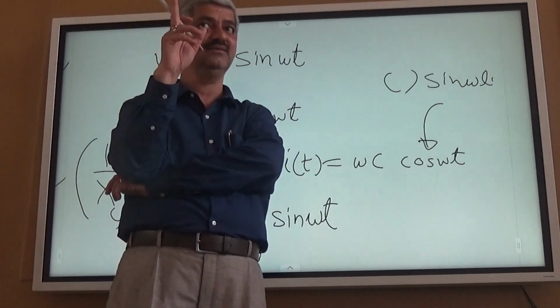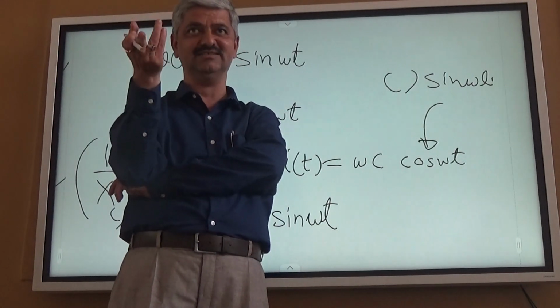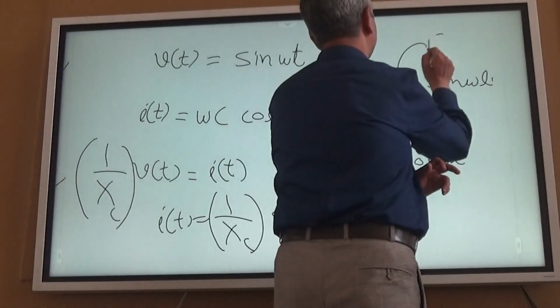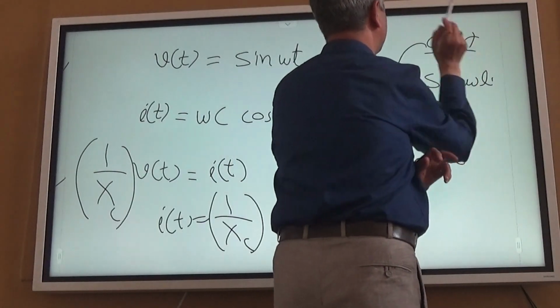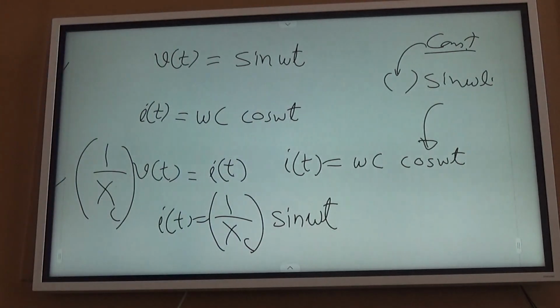Listen very carefully, because the tan is not a constant. Tan itself varies. Some constant, very important, some constant. So cos omega t is something times sin omega t. Cos omega t is something times sin omega t.